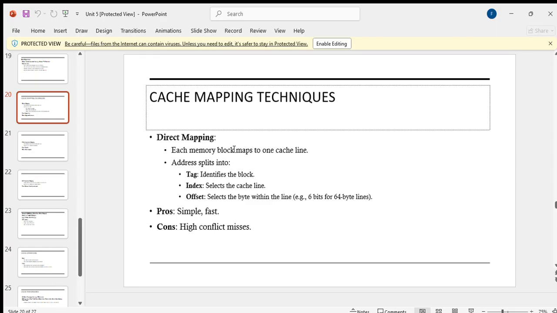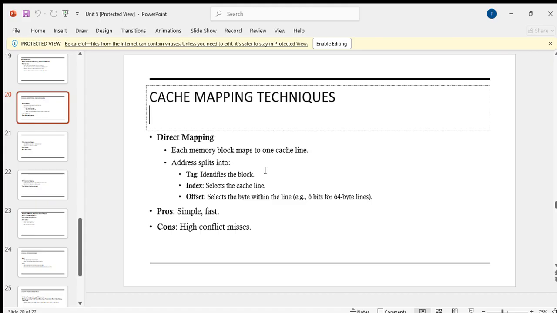Jamal, Kofi, and Salim are our memory blocks, and they are mapping to the cache line, which is Human in this scenario.